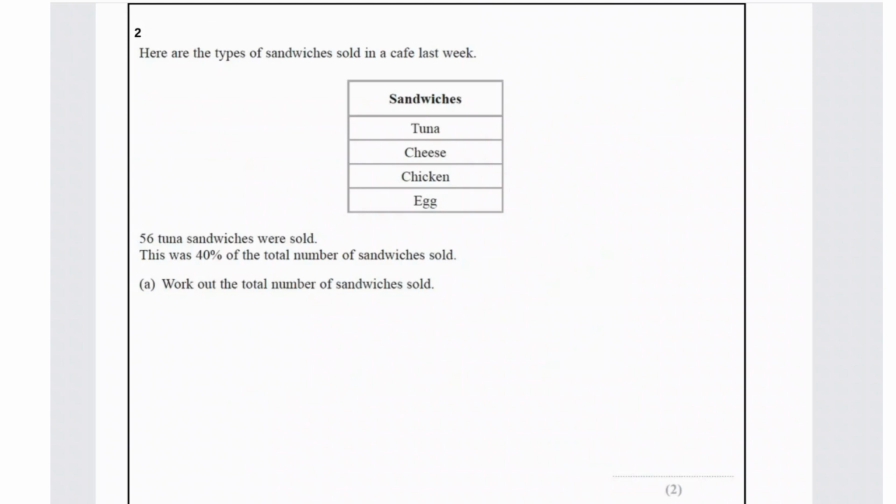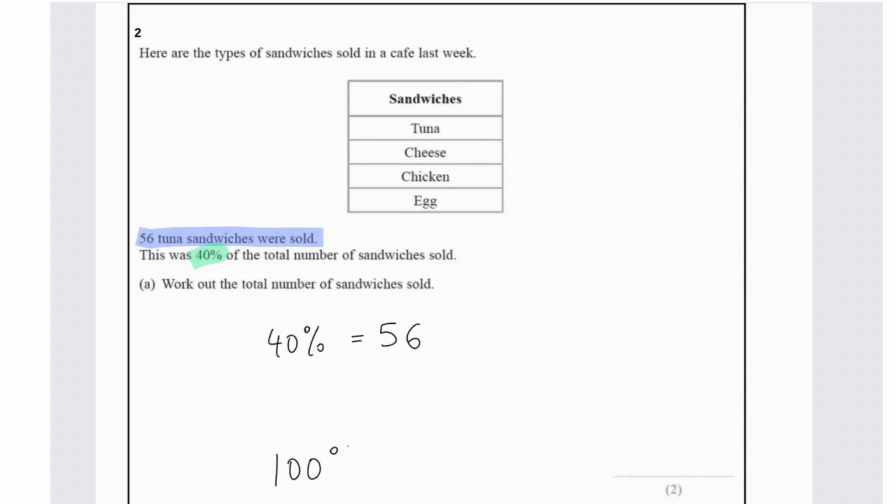The second question here, we're told that 56 tuna sandwiches were sold, and that is 40% of the total number of sandwiches. So what we're going to do is say that 40% of the sandwiches is 56, and we want to figure out the total number of sandwiches sold. So again, we need to get back to 100%.